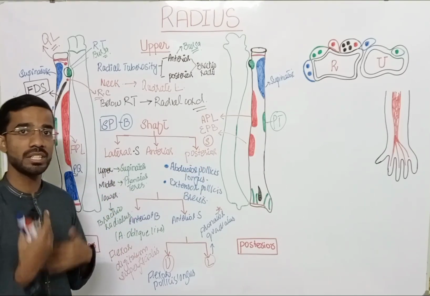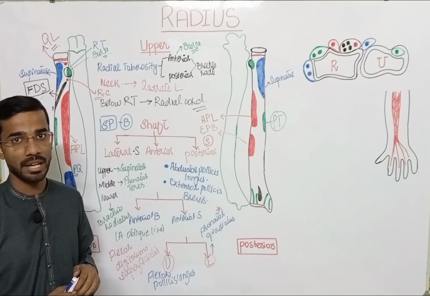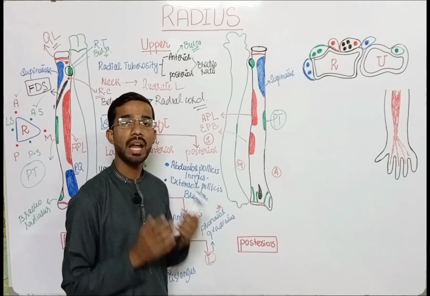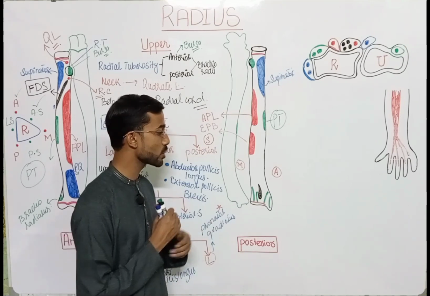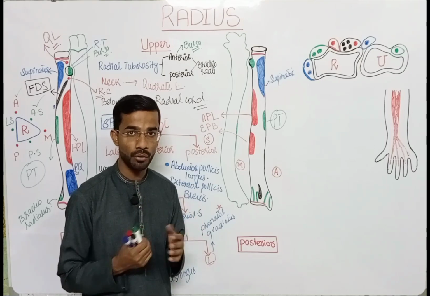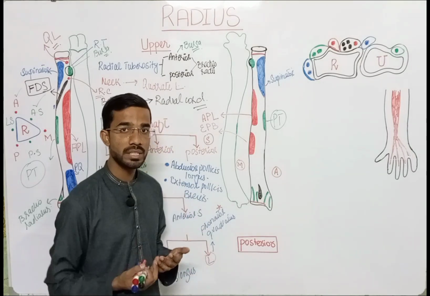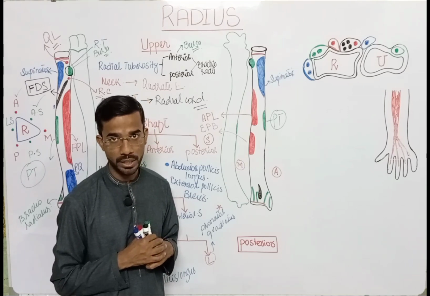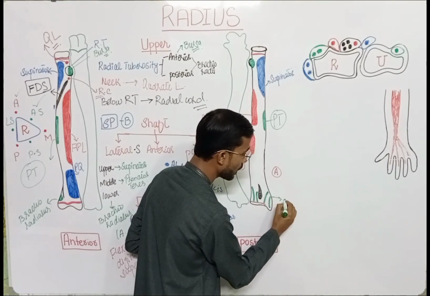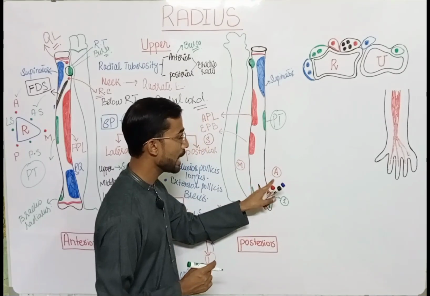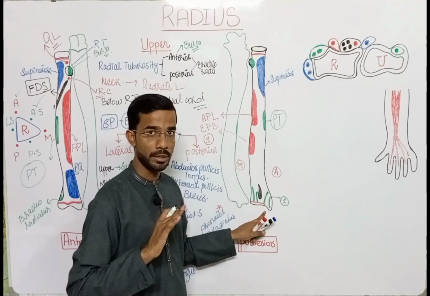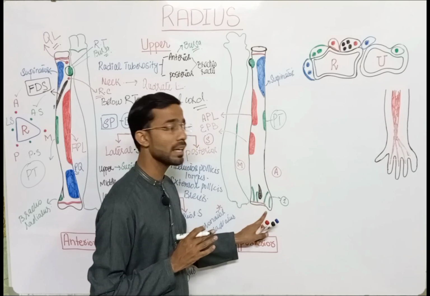So this is the shaft region, how different muscles attach to the different borders and surfaces of the shaft region. And last is the lower portion, in which you will see the different tendons pass through the lower portion of the radius. As we have discussed the different grooves of the radius, you will see the first groove present at the anterior border, between the anterior border and the styloid process.